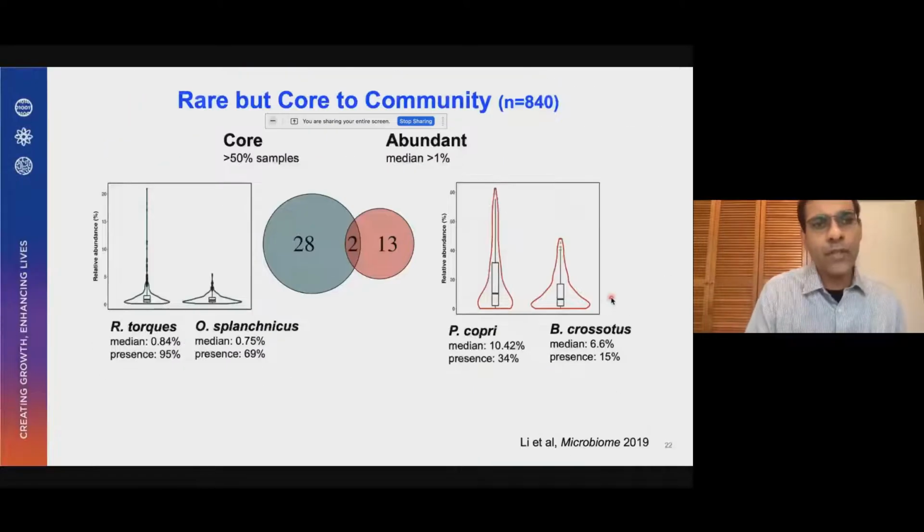But taking forward this observation, that the core nodes, or hubs, of these 2 networks, which are very different in structure, both tend to be not so abundant, we notice that if you look at the core species of the gut microbiome in a large public data set, those core species and the abundant species don't necessarily intersect. They seem to be almost disjoint.